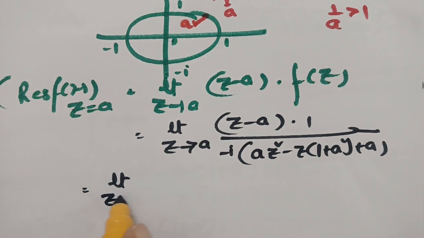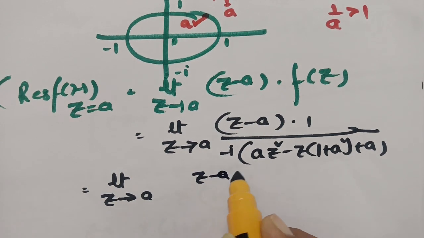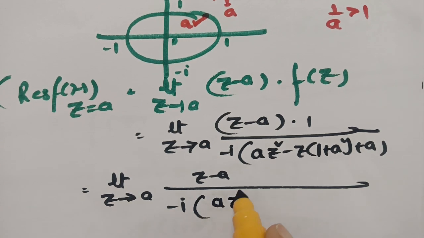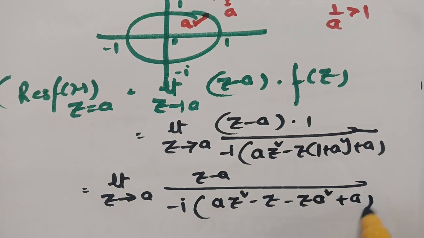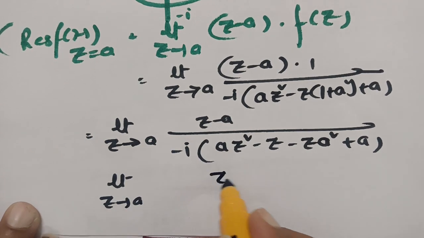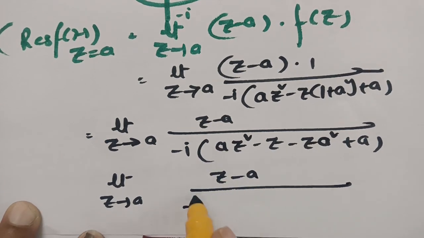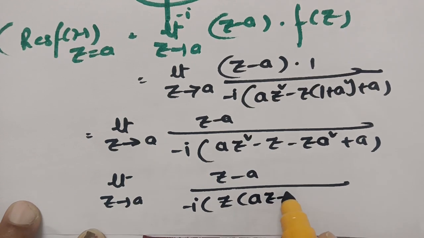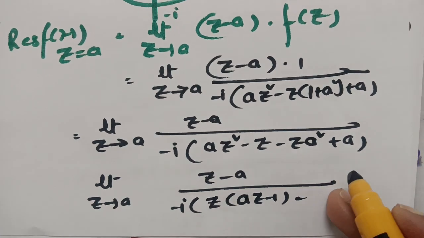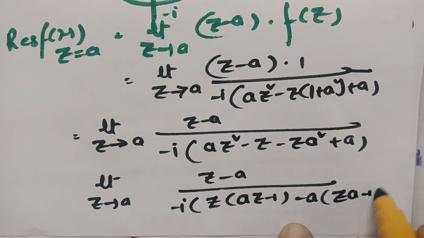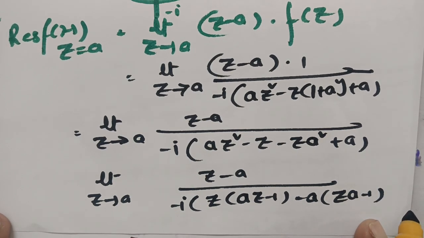This will be limit z tends to a of z minus a by minus i times of a z square, so if I multiply, this is z minus z a square plus a. And next, this value will be limit z tends to a of z minus a by minus a times of, if I take z common, this will be az minus 1. So here if I take minus a common, this will be az minus 1.